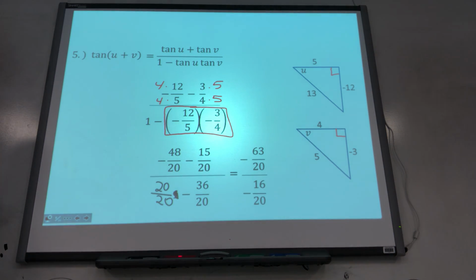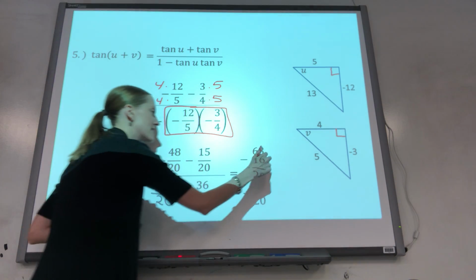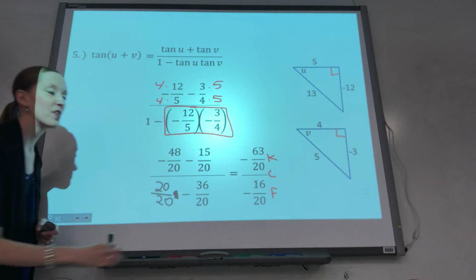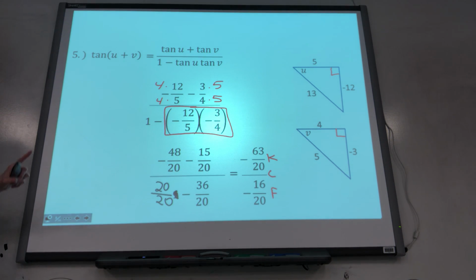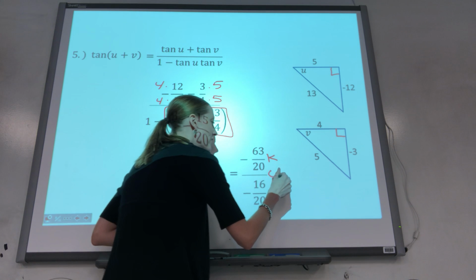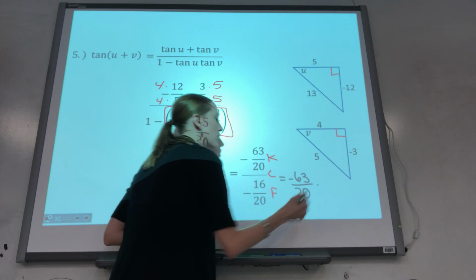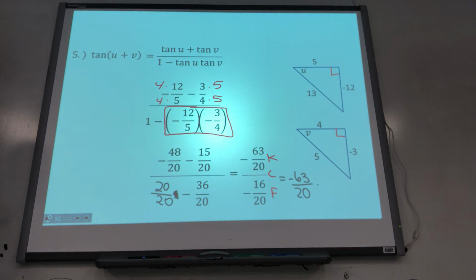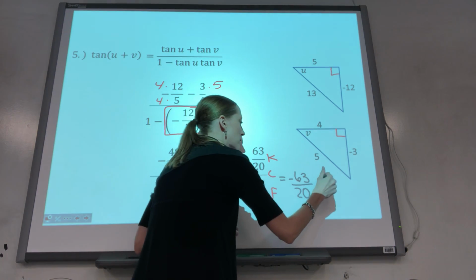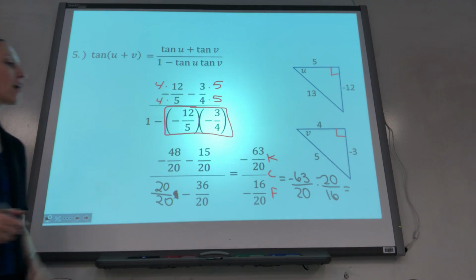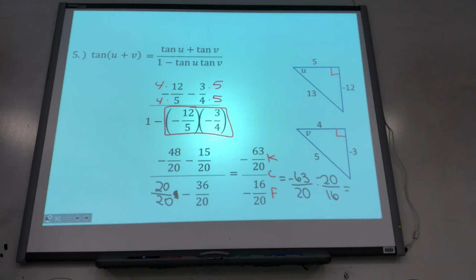Okie doke. Now we can go ahead and keep, change, flip. Are there any questions up until this part? Told you it gets a little messy when you simplify with tangent. So keep the negative 63 over 20, change it to multiply, and then flip the fraction on bottom.